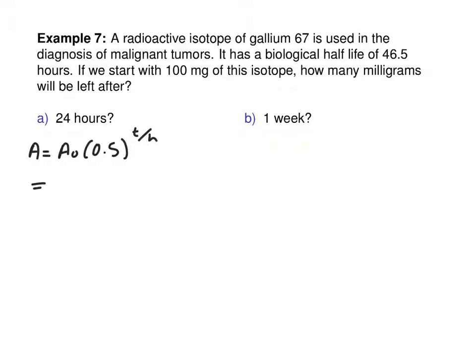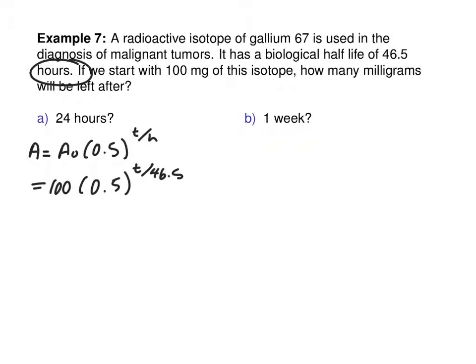So what goes in for A sub 0? 100. 0.5. What goes in for h? 46.5, exactly. And since our half-life was in hours, the units of our time are also hours.